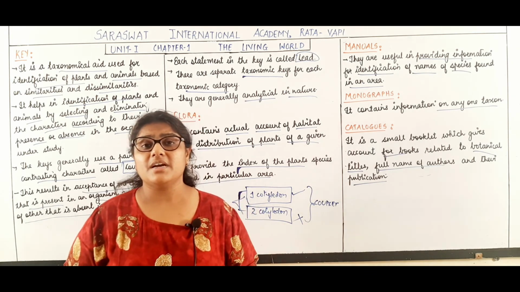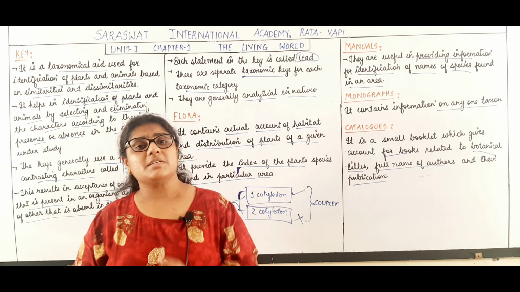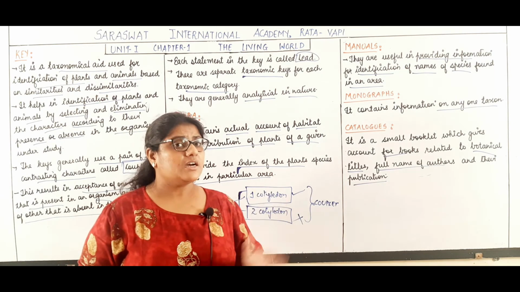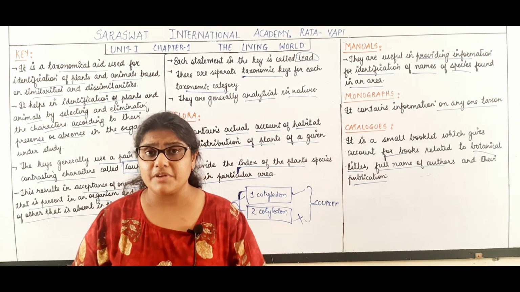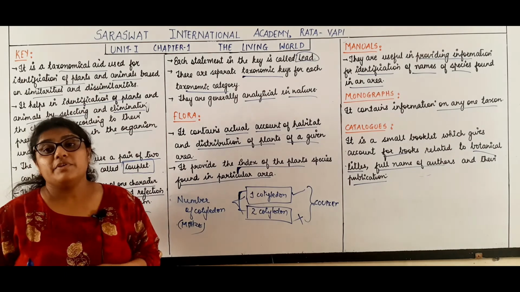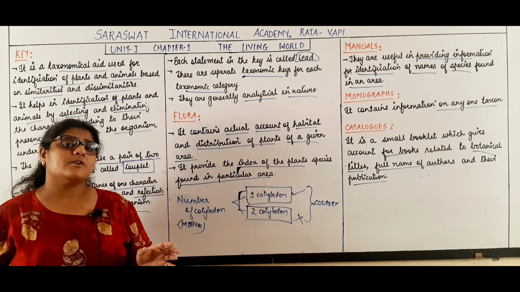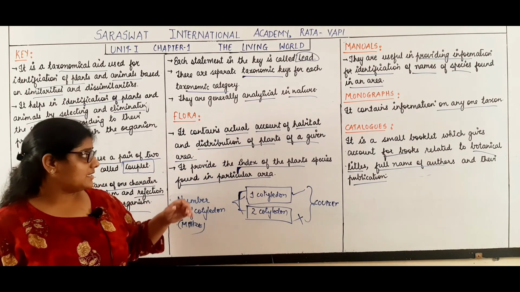Then we studied regarding the museums. Museum basically maintains the specimens of the plants and animals. Here also they are not maintained in the living conditions. Finally we dealt with the key which helps in the identification of the plants and animals on the basis of their similarities and dissimilarities.